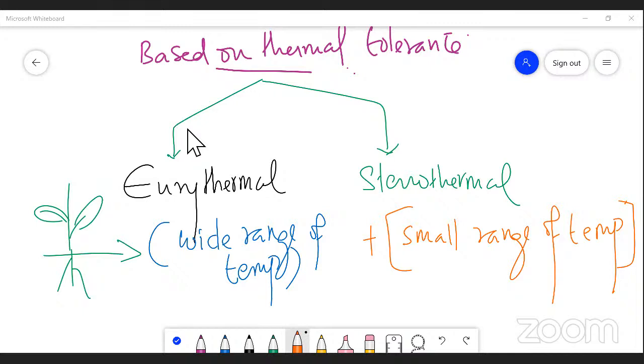A wide range of temperature can be tolerated by some plants, they are called eurythermal. Whereas stenothermal means plants which grow in a small range of temperature. Very good, very good.